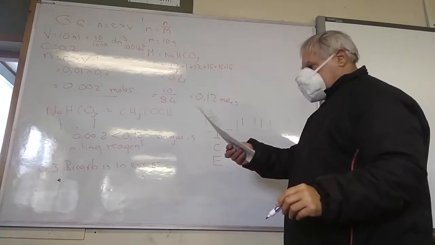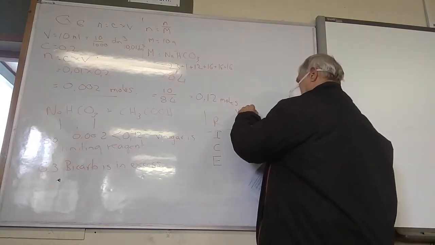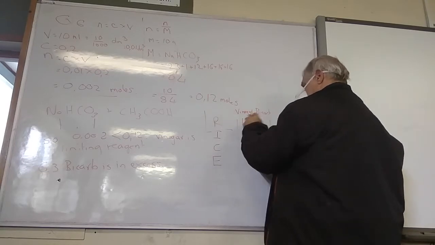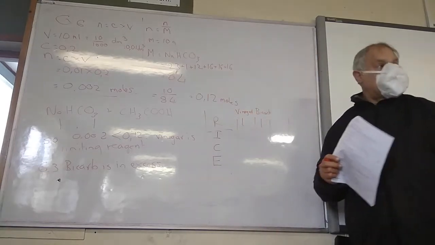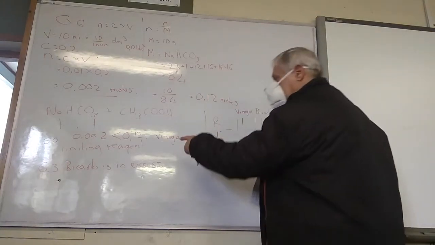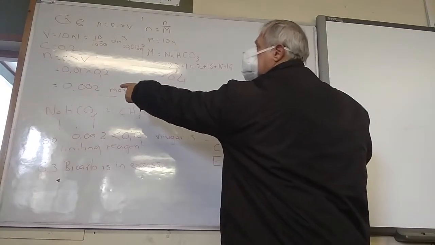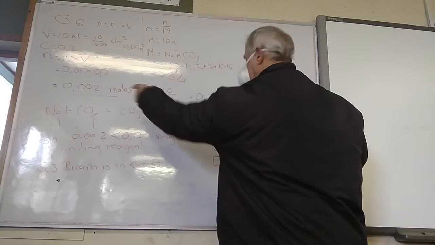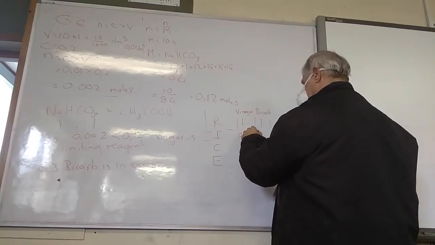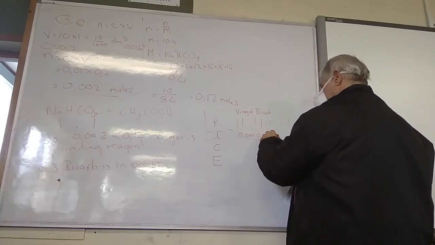They write that vinegar is to bicarb is 1:1. That's ratio, R for ratio. I stands for initial number of moles. So we started with vinegar 0.002 moles. Bicarb we started with 0.12 moles.